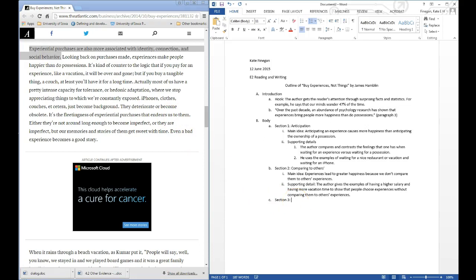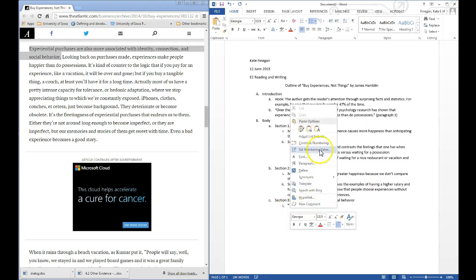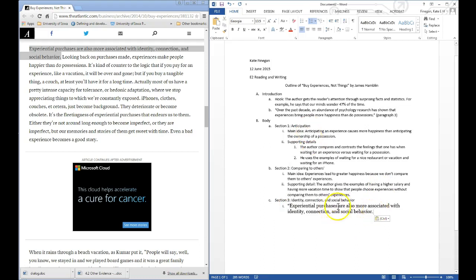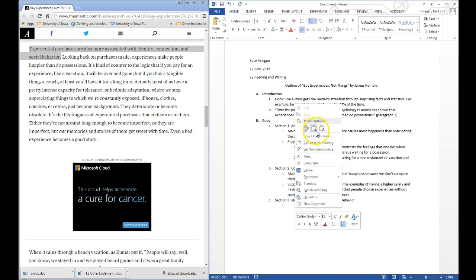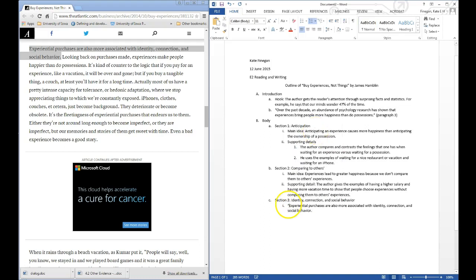Oh, nope. So I'm going to put identity, connection, and social behavior. And I'm going to merge the formatting here and put it in quotation marks. I ruined it. Okay, here we go.